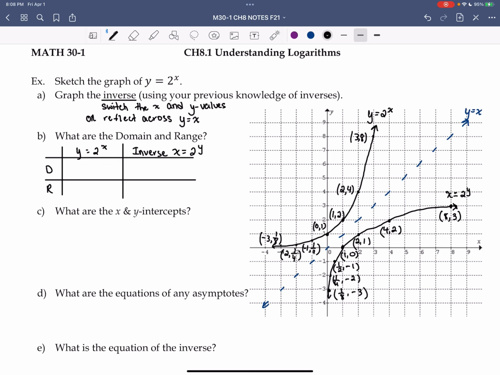The domain for y equals 2 to the power of x for this function here is x, all real numbers. And the range for y equals 2 to the power of x is all y values greater than 0.